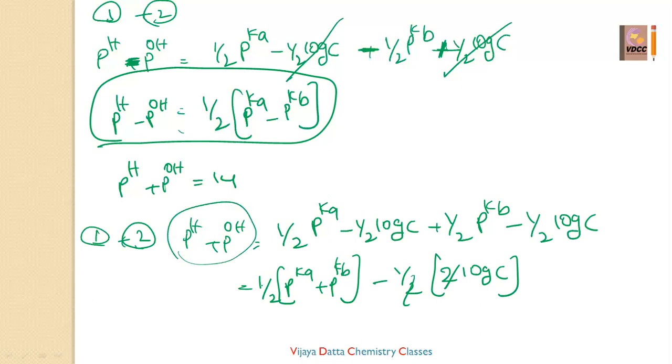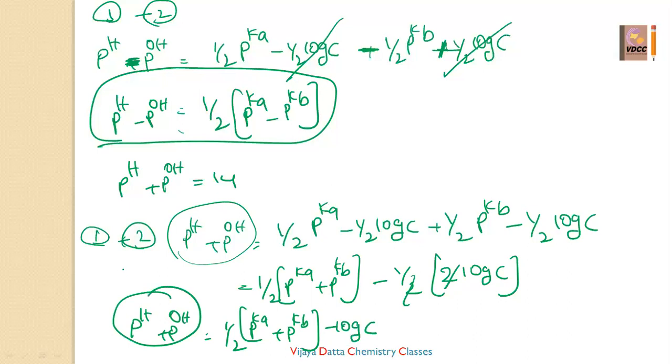So if you multiply that one this side, 7 will come. pH plus pOH is equal to half pKa plus pKb minus log C. pH plus pOH value is 14, isn't it? Then you can get the value of this one. All these are the continuation.